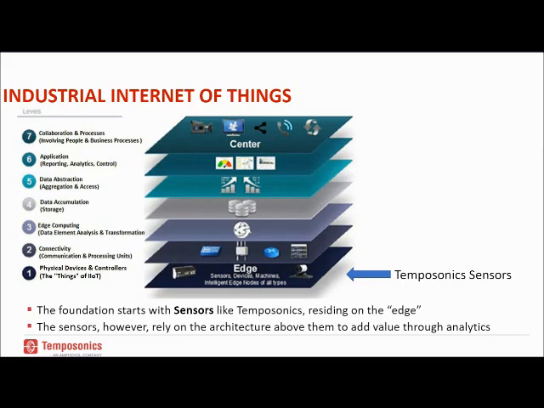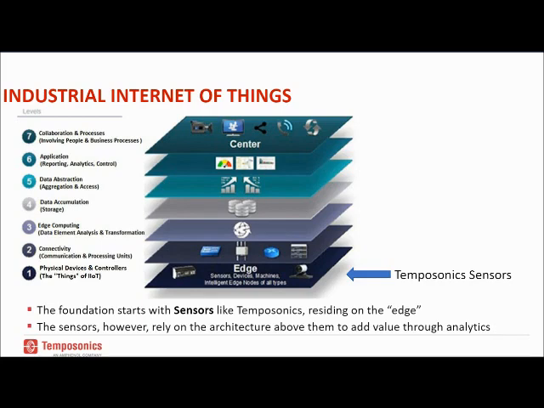And then there's the aggregation or data abstraction layer. And at that point, your data is actually converged into a more simplified format so that it can be understood at the higher levels. When you get to the top layer, levels like 6 and 7, now you're talking about analytics. The data is now being parsed and then people are trying to understand what that data really means and how to react to it.